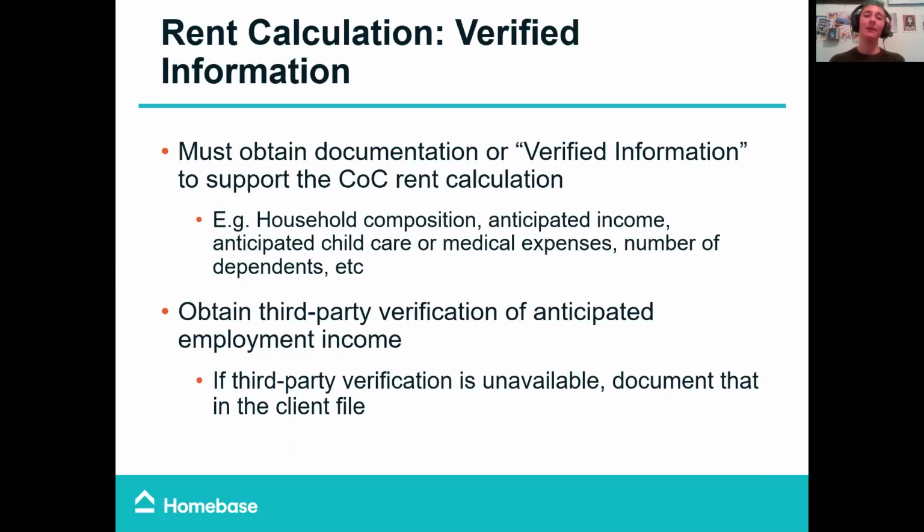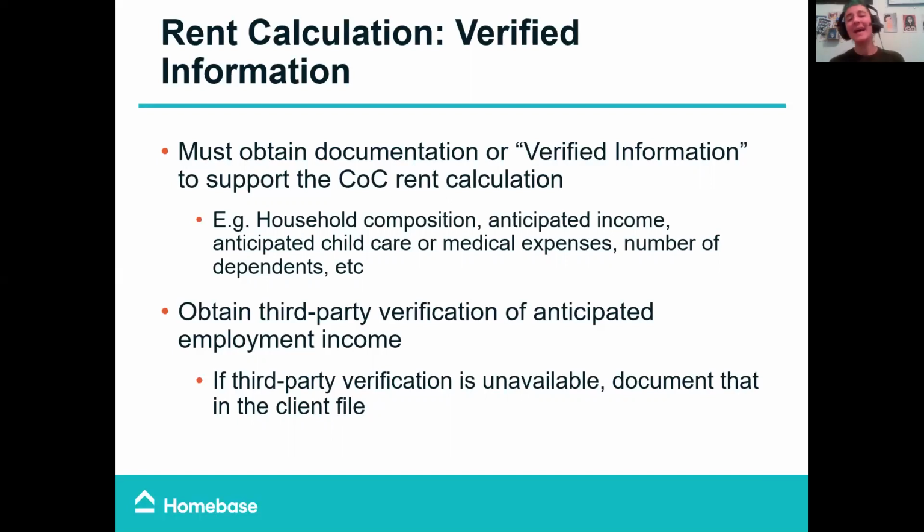Typically, when you're calculating the client's portion of rent, the first step is figuring out how much income that client has. And all of those steps that we're going to walk through require that you document what you're doing. You document each of the steps of calculating the client's adjusted income with what HUD refers to as verified information. This is just something that documents the information that you're putting into the rent calculation worksheet or whatever tool you're using.